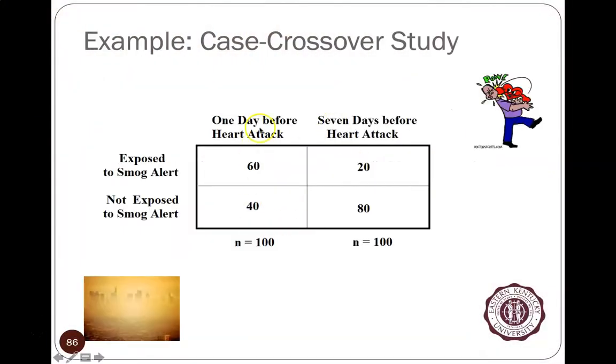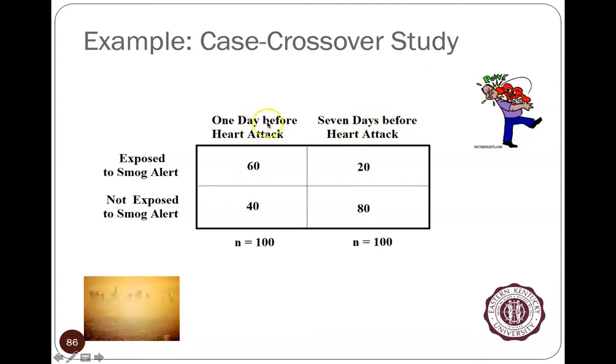So here are our cases, the disease group. Here are our controls, the non-disease group. These people had a heart attack right now, recent. These people are the same human beings, but they didn't have a heart attack 7 days earlier.